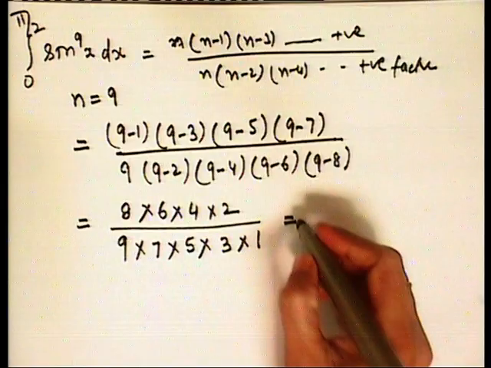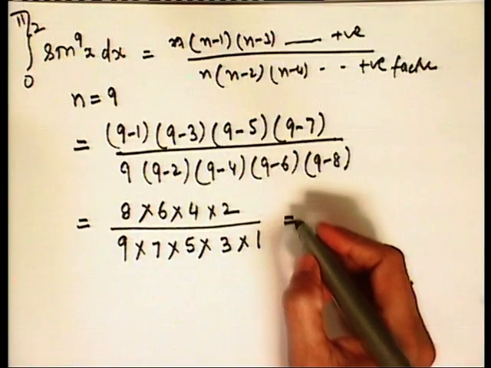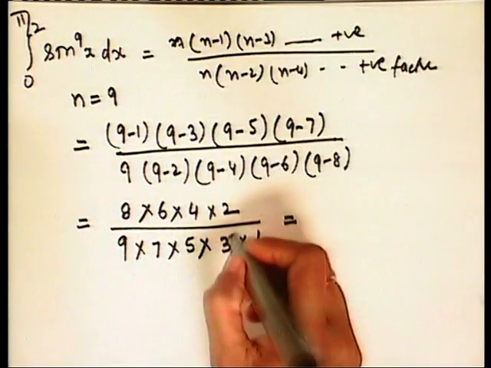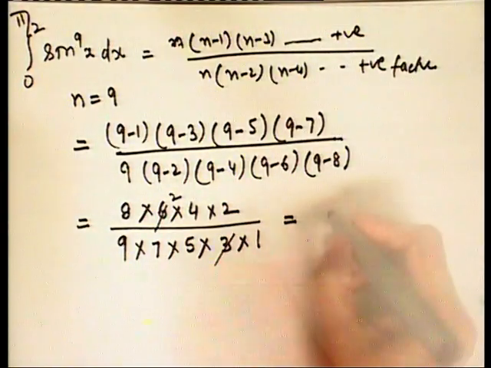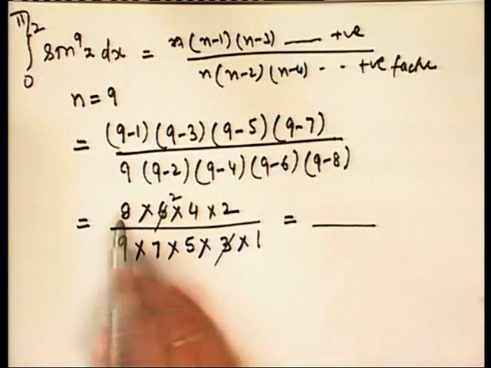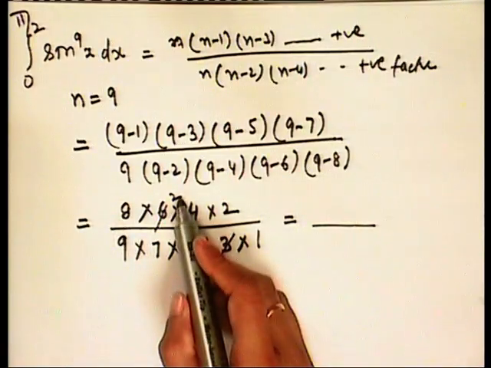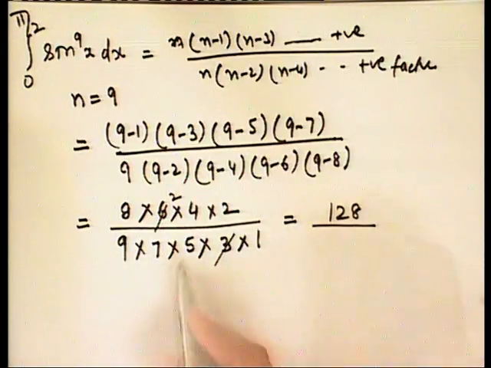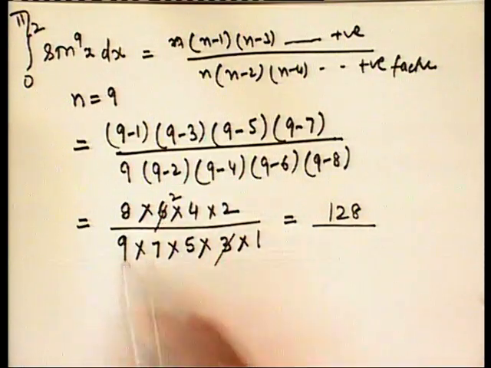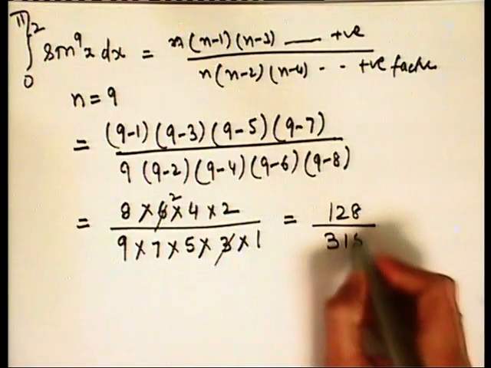By solving we will get 3 to the 6, 8 to the 16 and 16 8 the 128, 7 5 the 35, 9 the 315.